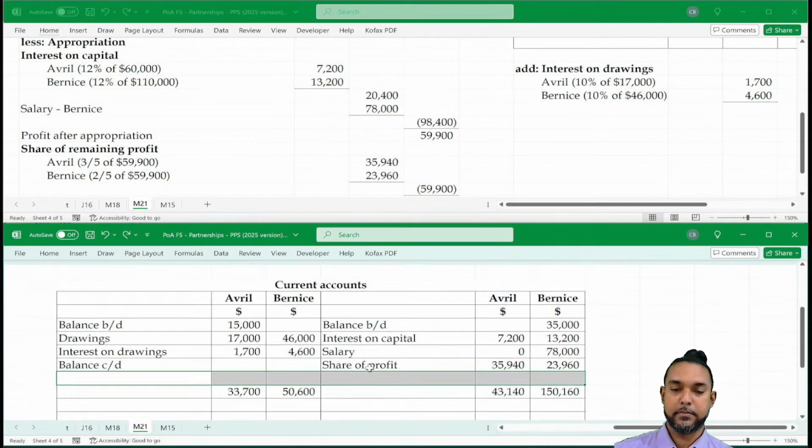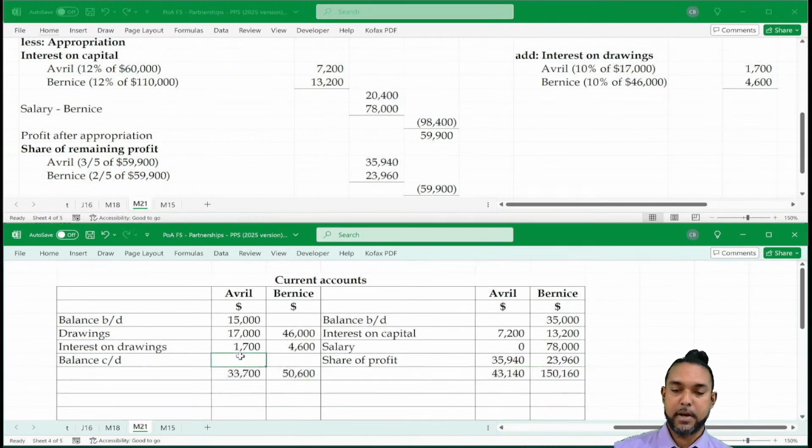Oh yeah, that's fine. So the balance here would be the 43,140 minus this. So we have 9,440 and 99,560.